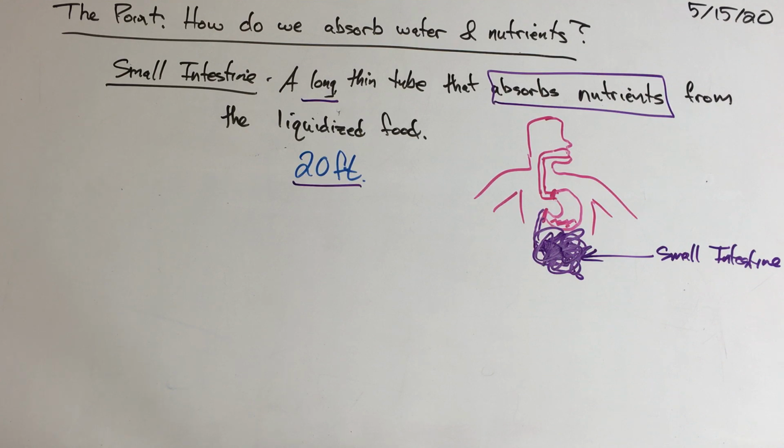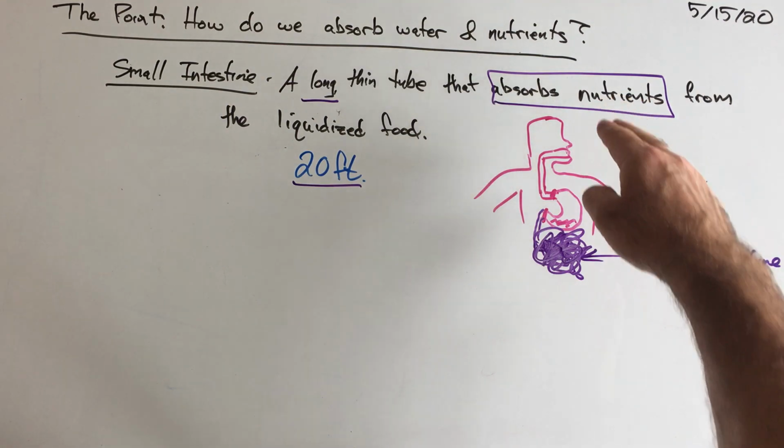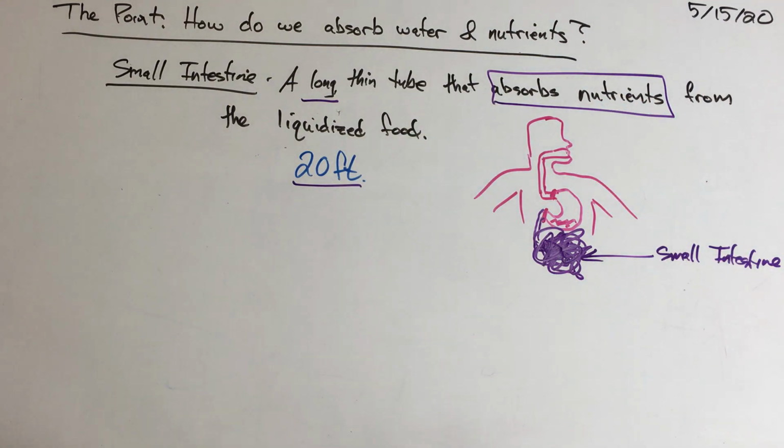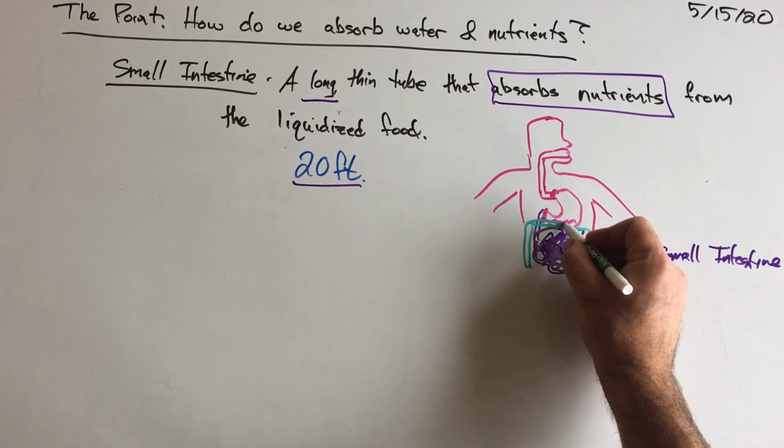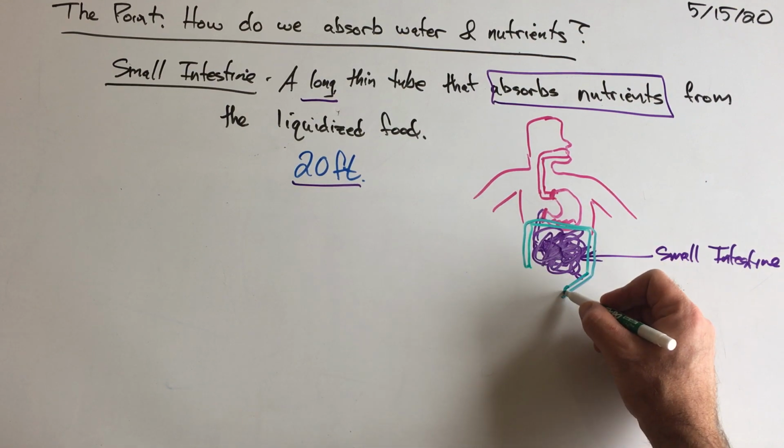Now, the crazy thing about the small intestine is that's more or less the only place that nutrients are absorbed. And what that means is after the small intestine is the large intestine. And that's kind of this U-shaped thing that goes like that, and then it exits.